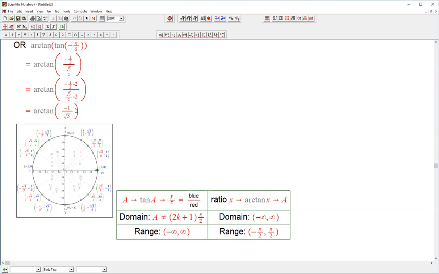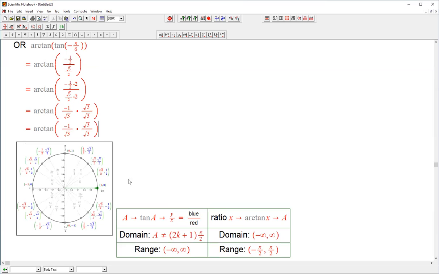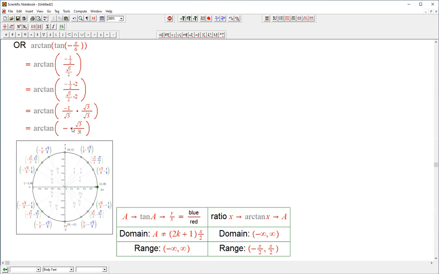You rationalize it by multiplying by 1, specially designed as √3 over √3. Anything times 1 stays the same. So in the end, you're going to get negative √3 over 3.